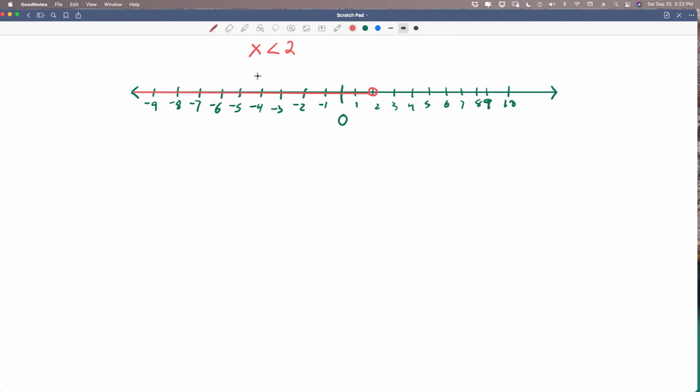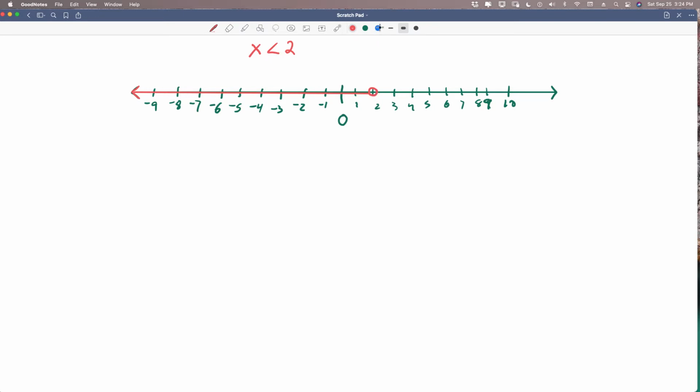And if you notice, the direction that you move in when you're plotting x in this regard, the arrow, it's the same direction as your less than sign. You could even mark over the top of it, and it should be the same. So if that helps you to remember the direction to go, then use that little tip. But we don't include it because it's not equal to it.